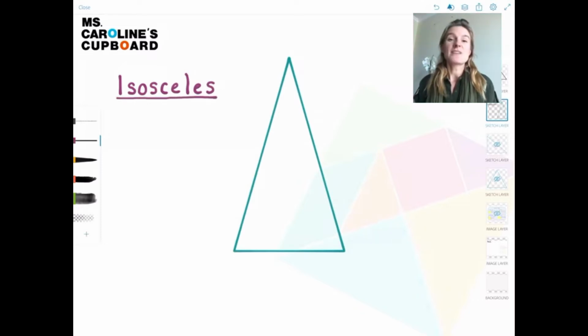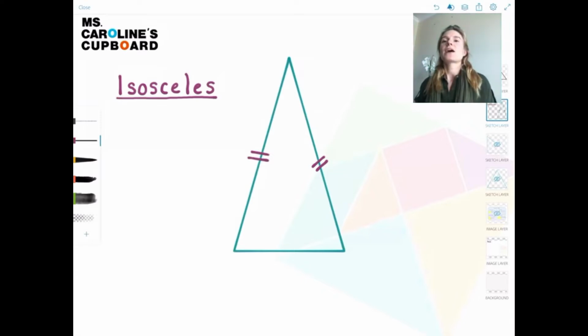So let's look at some of the features of an isosceles. You can see it has two sides that are the same length. We can mark it like this. You can put two lines to show that they're the same length. We can't put it on the bottom one because that's not the same length, but we know these are the two sides that are the same length, okay?